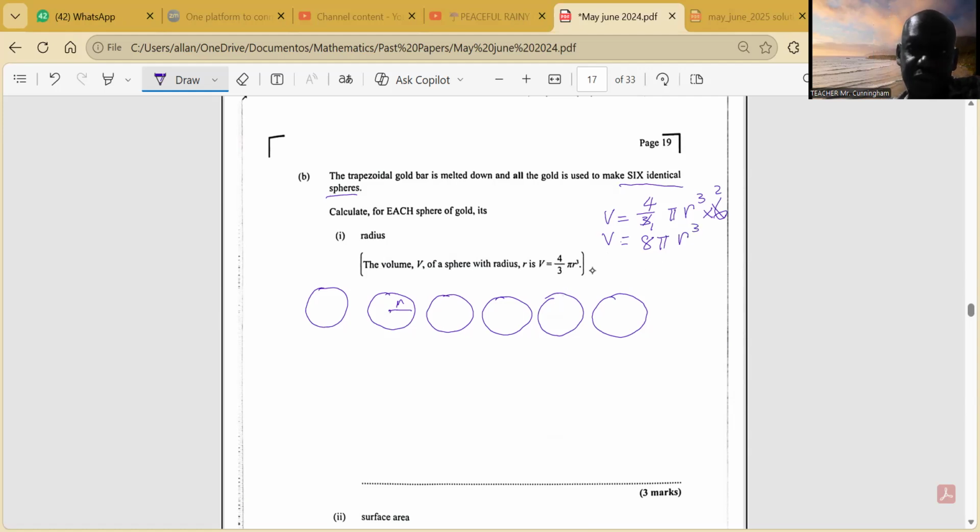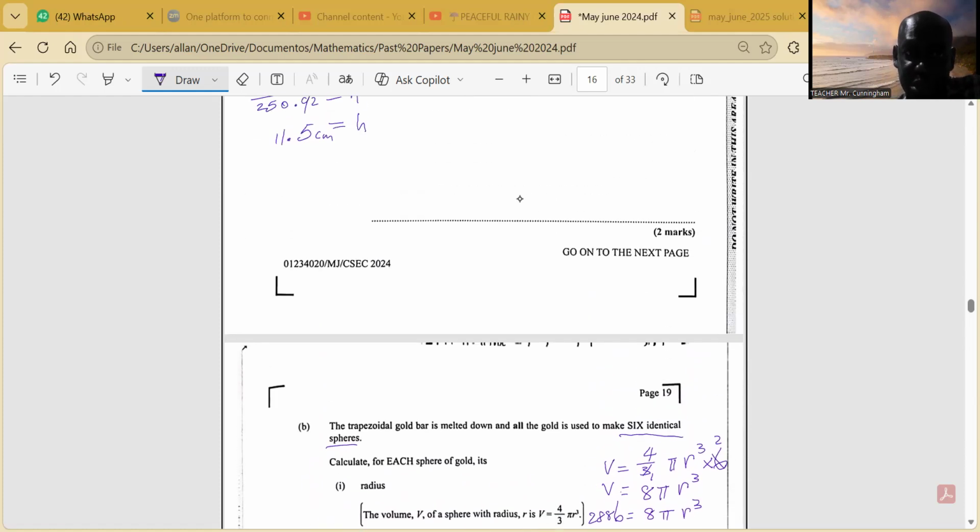But we know the volume of all 6 of them, which is 2,886, equal to 8 pi r to the 3rd. What did I say to use pi as? Anybody saw it? Just check back.